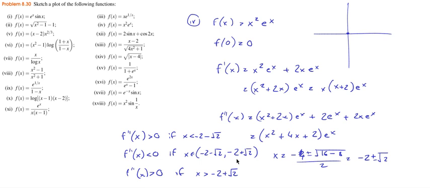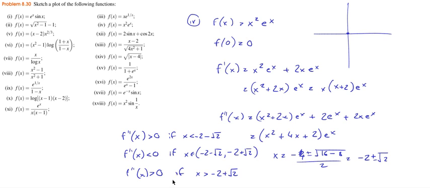Okay, these are all the points where the concavity or the convexity changes sign. So what's important for us is that this value here at 0 is going to be a minimum, right?